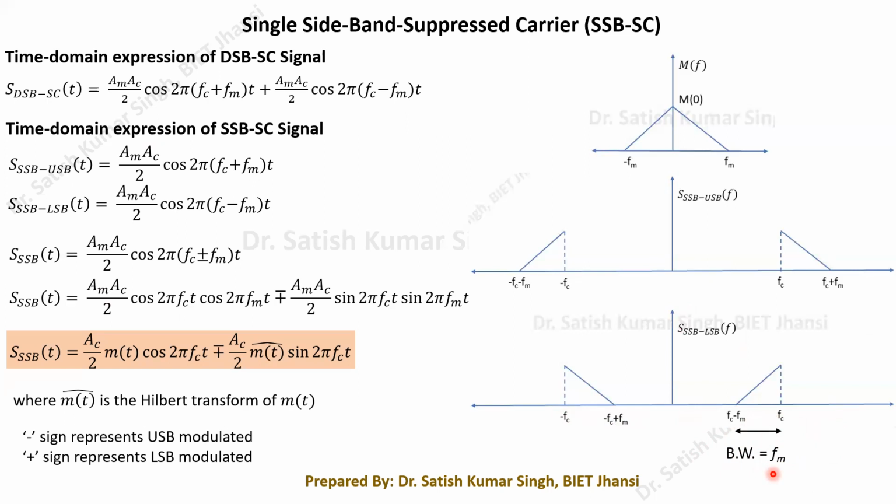In the earlier two cases, conventional AM and DSB-SC, the bandwidth requirement was twice the maximum signal frequency. Here it is just equal to the maximum signal frequency, so the bandwidth requirement becomes half. That's why we say that SSB modulation is bandwidth efficient.